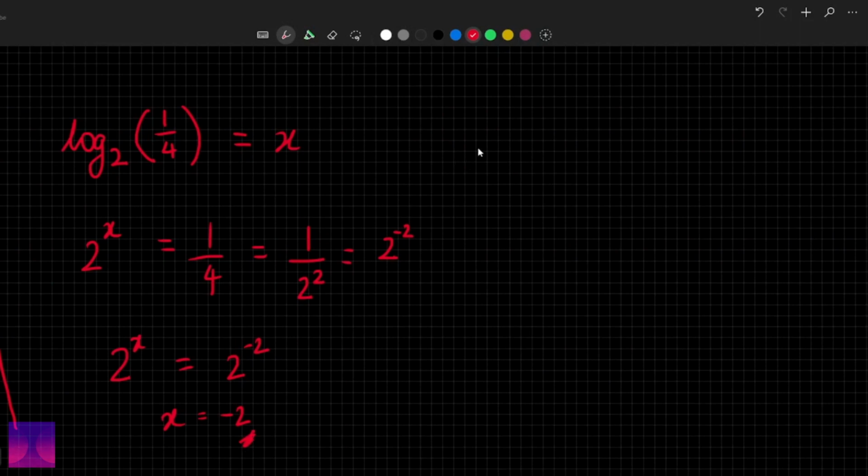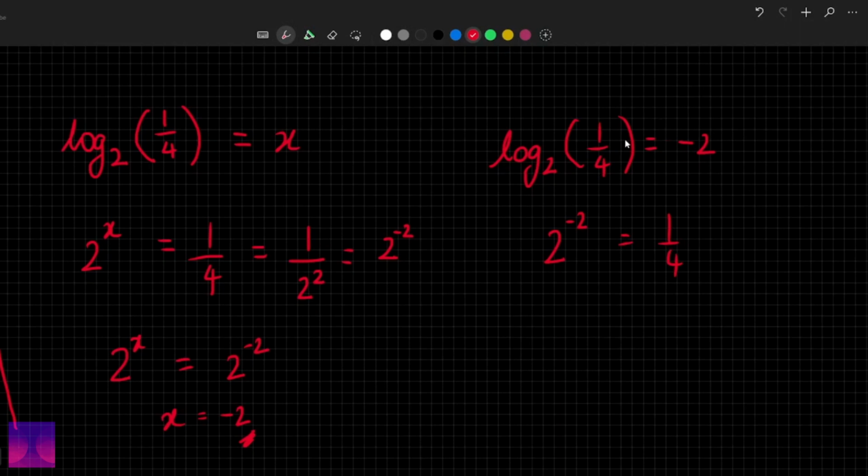So log base 2 of 1 by 4 equals minus 2. Now let's evaluate if that's correct. What this means is 2 to the power minus 2 equals 1 by 4, and when we solve this we get 1 by 4. So this means it is correct.